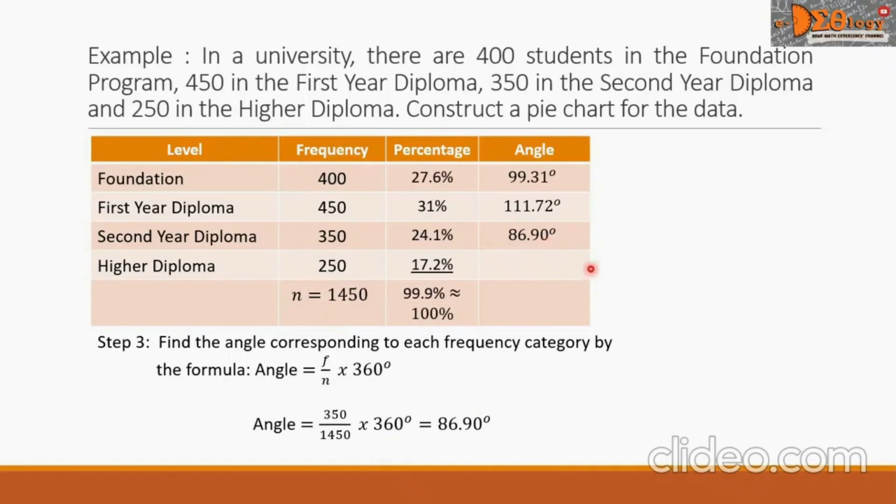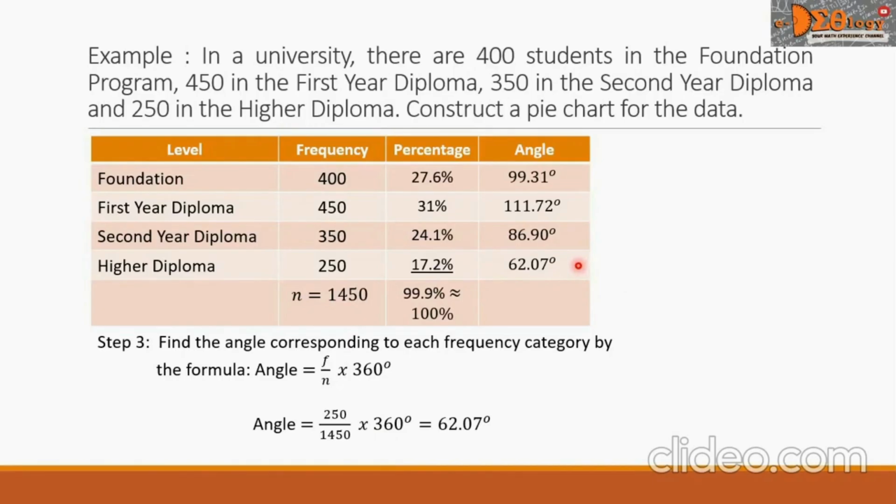And the last blank is equal to 62.07 degrees. This comes from 250 divided by 1450 times 360 degrees. And the value is written here.